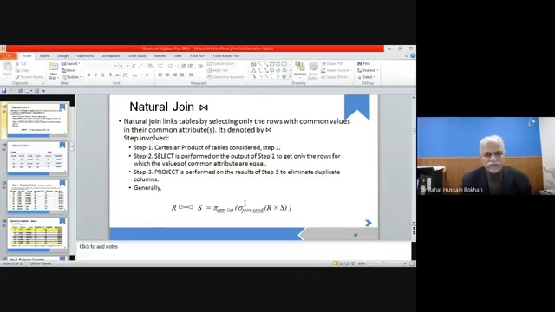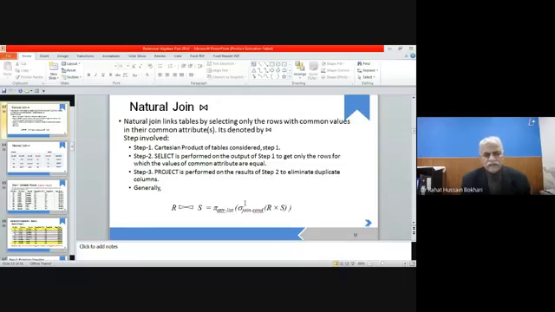Second, we go for selection, using the select operator, and in that manner we get only the rows for which the values of the common attributes are equal; the rows in which the values of common attributes are not equal are discarded. So the select helps to filter the rows.